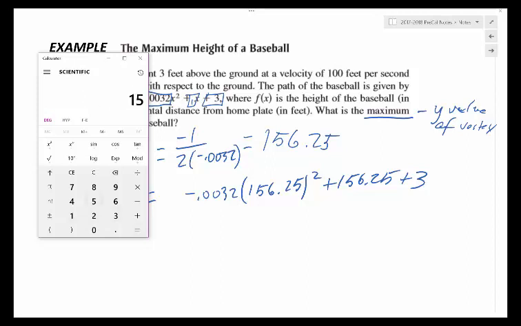Let me do that again to make sure I did my math right. Square it times 0.0032. Yep, 78.125. Make that negative. Then I'm going to add it to 156.25 and then add it to 3. So then my answer is 81.125.